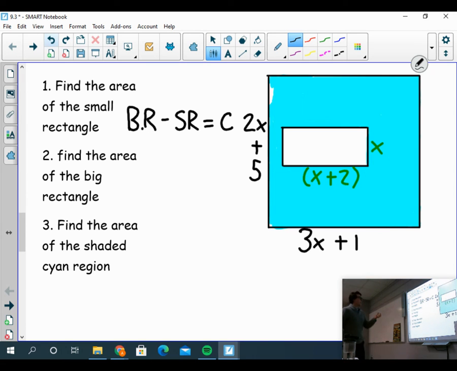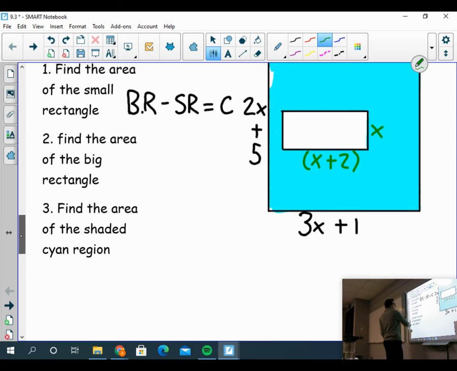So if I take away the area of the small rectangle from the area of the big rectangle, that will give me the cyan region. It's going to cut that chunk out. So I need to do the area of the big rectangle minus the area of the small rectangle. Well, how would we set this up?